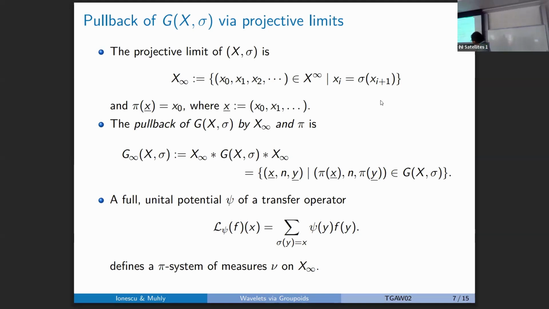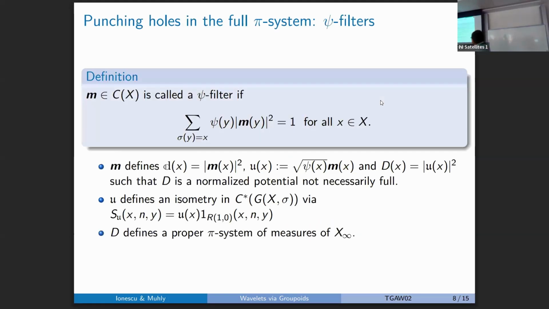But as I said, we potentially want to punch holes or change this system when we induce representations, and this is where, from our perspective, the filters come into play. So far again, we have as choice the space and the local homeomorphism, and now we have a filter that we choose in a way that interacts well with a quasi-invariant measure.